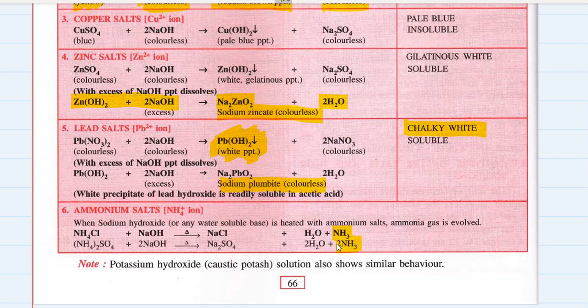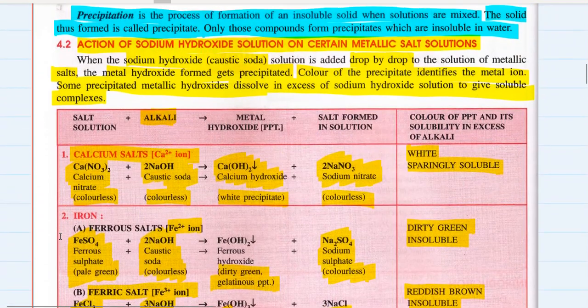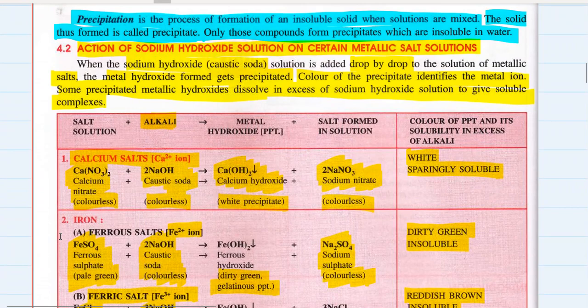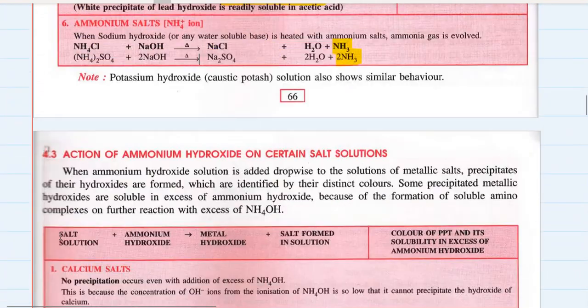It has a pungent smell, which is one of its physical characteristics. So if gas is evolved, you can say that the given salt to which we added our reagent sodium hydroxide is an ammonium salt, remember that. In this there is no PPT, no color, only evolution of gas. So the sixth one is a little weird one. These are the actions of sodium hydroxide solution on certain metallic salt solutions.